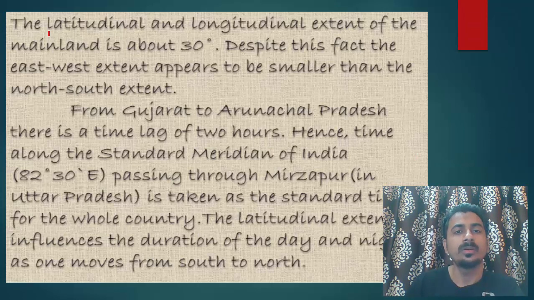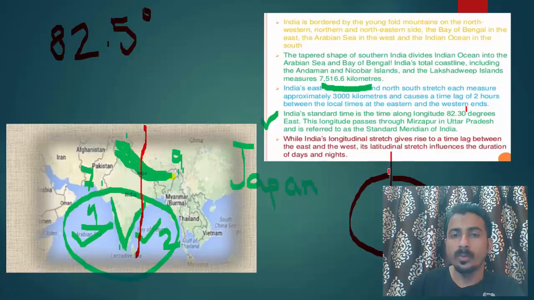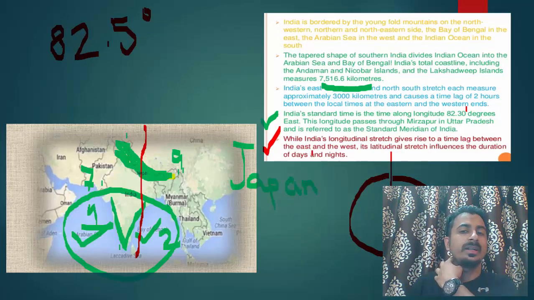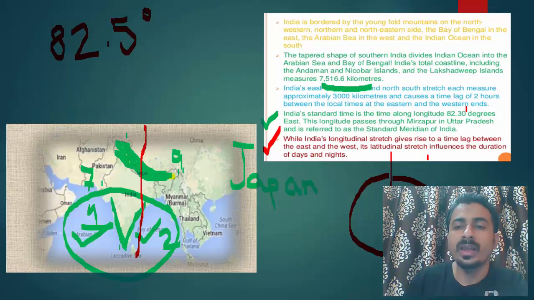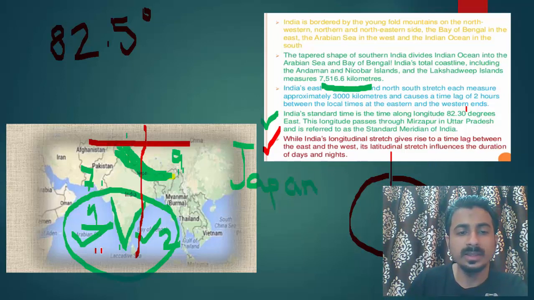Okay, now, one point was missed. This point says that while India's longitudinal stretch gives rise to a time lag between east and west, which I have explained to you, its latitudinal stretch influences the duration of days and nights. Latitudinal means between this and this.